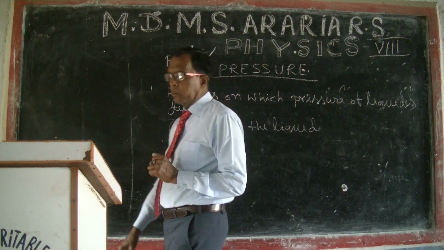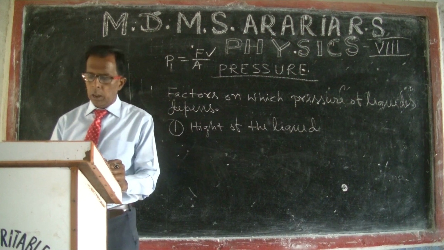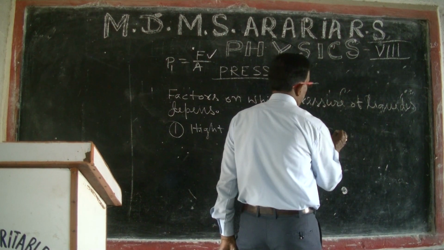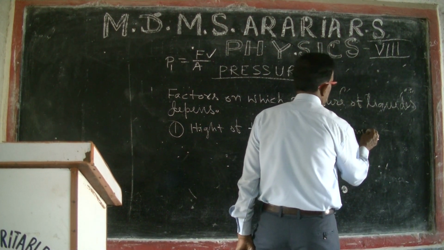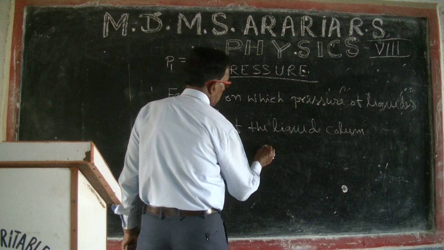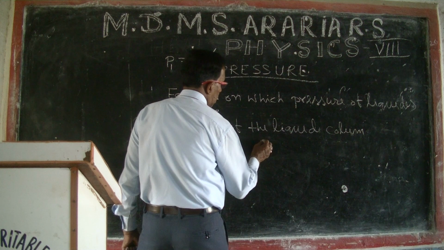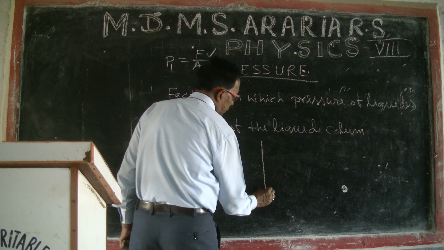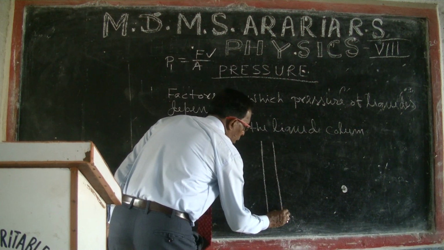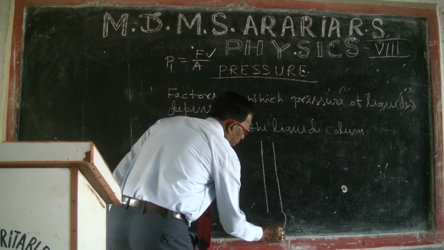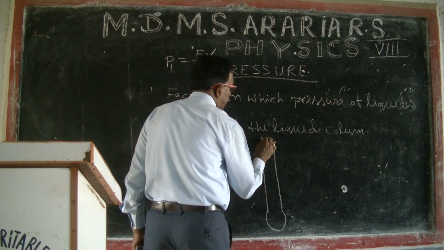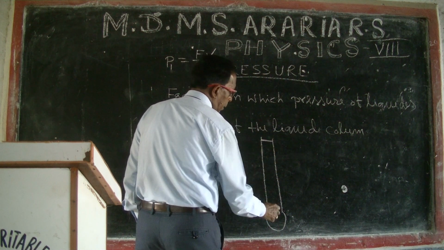Height of the liquid. What do you mean by the height of the liquid or height of the liquid column? I want to say that if you have taken a pipe, and here you have put in a balloon and you have filled water full in this, what happens?